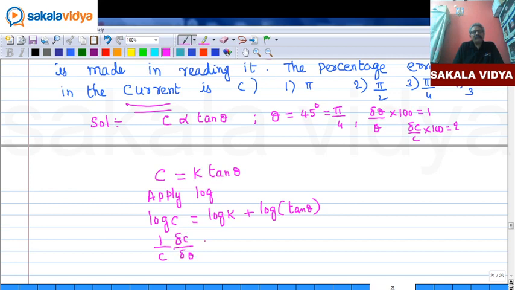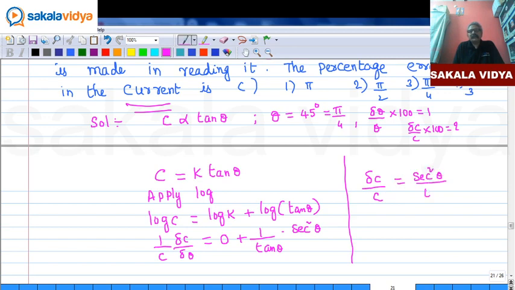Log K is constant, so 0. Log tan theta differentiation is 1 by tan theta, and tan theta differentiation is secant square theta. So now cross multiply. Delta C by C equals secant square theta by tan theta into delta theta.